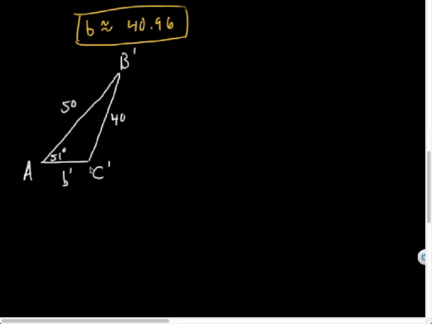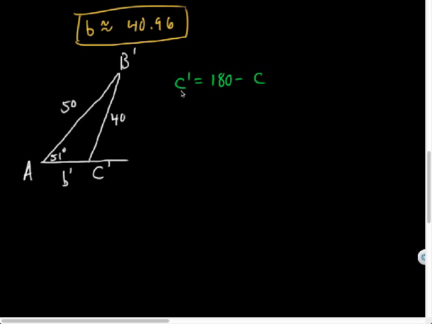And our trick to finding angle C is realizing that C prime is a linear pair with C. So that's our first trick. So I'll say that C prime is equal to 180 minus C. That's going to be true for whatever our little base angles happen to be.